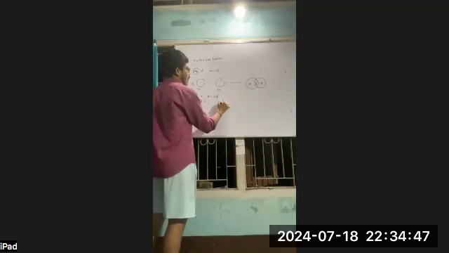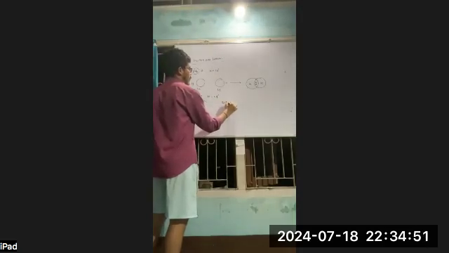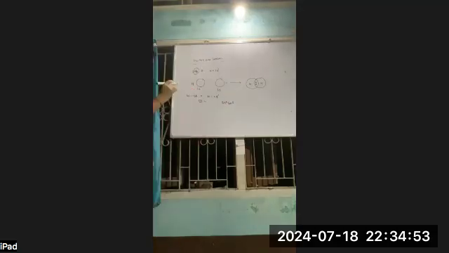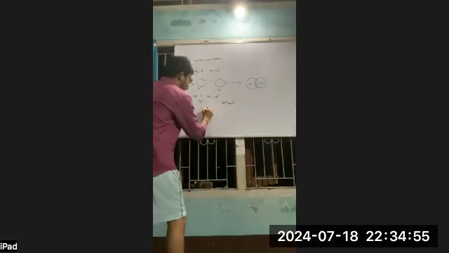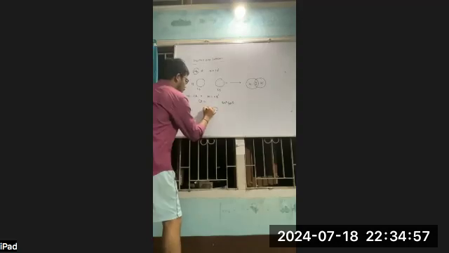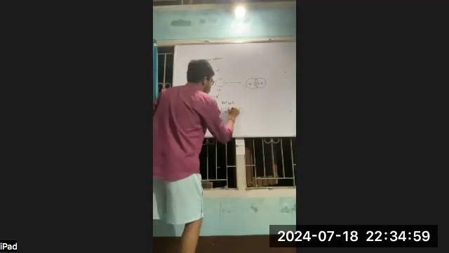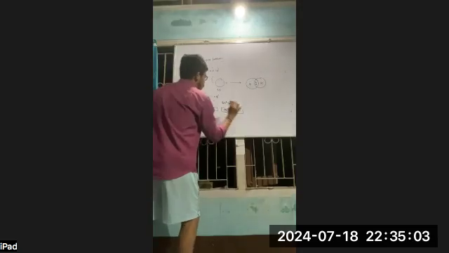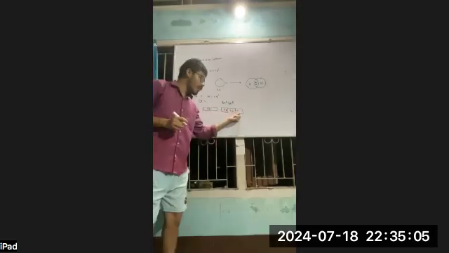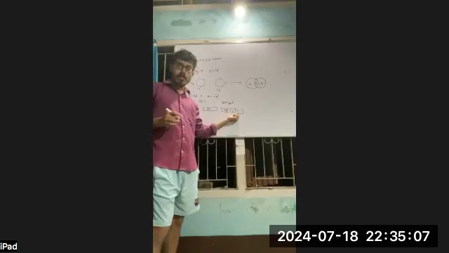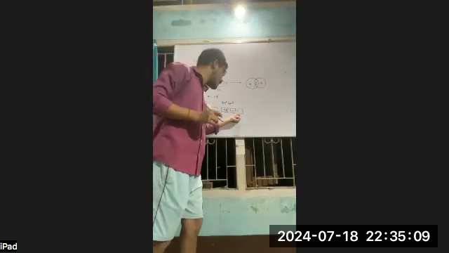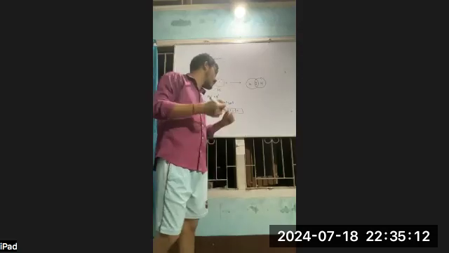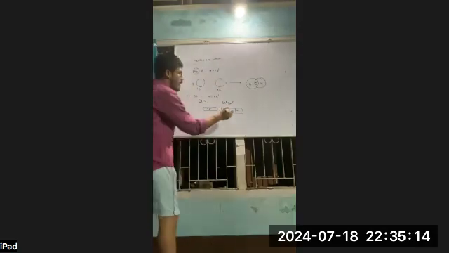3s2 3p5. Okay, so here we consider this 3s and this 3p electron. To get the noble-gas configuration, chlorine is short of only one electron, and hydrogen will come and share an electron with chlorine.